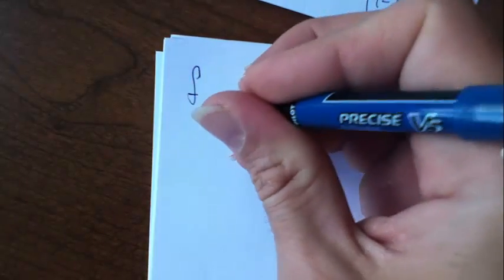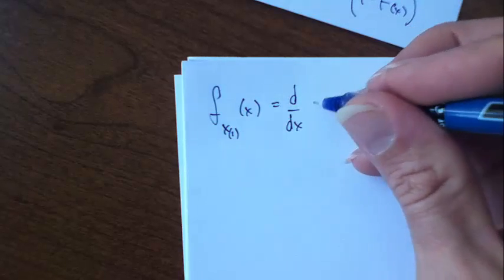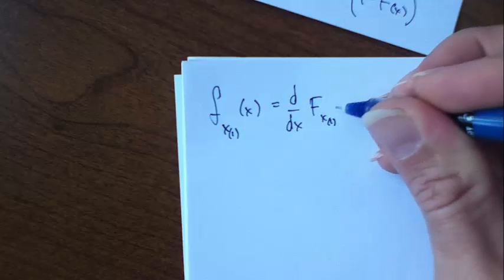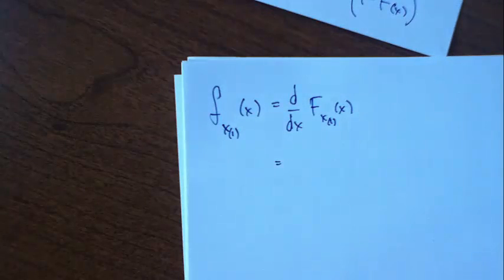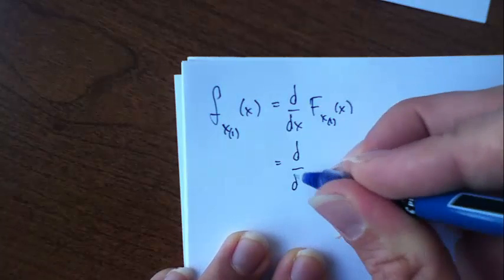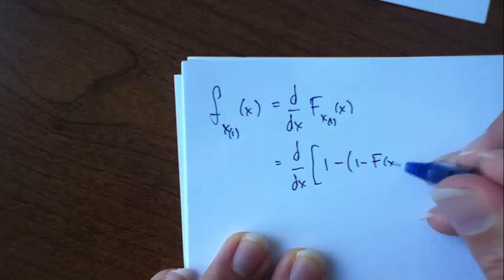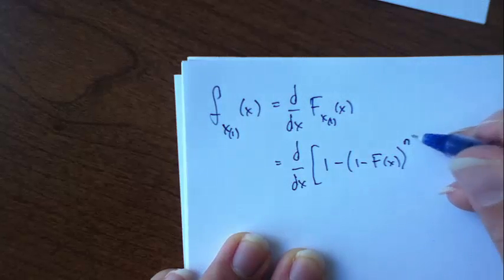Okay, so we can also get the probability density function for the minimum. This is just simply going to be the derivative with respect to x of the CDF. So I'm just going to substitute in my expression for the CDF there. That's 1 minus F of x raised to the nth power.